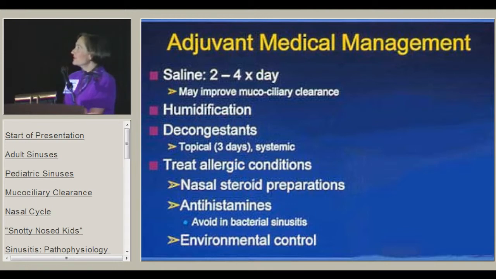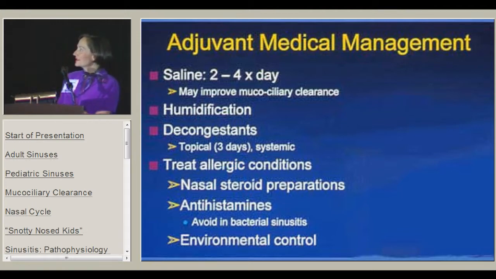The other things that you may want to do to help your patients feel better and get better faster is that using nasal salt rinses may help mucociliary clearance. It has been shown in some of the meta-analyses for viral respiratory tract infections to be helpful and patients feel more comfortable. You may recommend providing room humidification, especially if it's very thick mucus and they're quite congested.